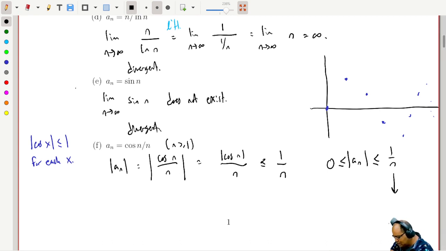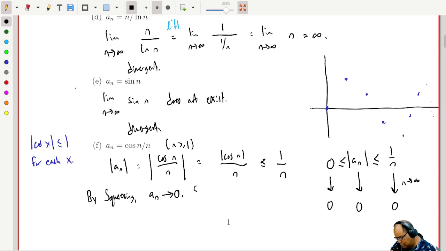So note here that in the limit, as n goes to infinity, 1 over n goes to 0, and of course 0 is a constant. So as a consequence, a_n must go to 0. So by squeezing, or if you want, by sandwiching, a_n goes to 0.